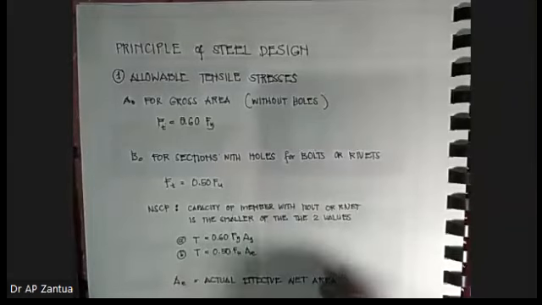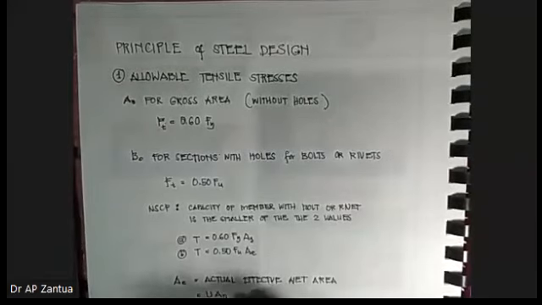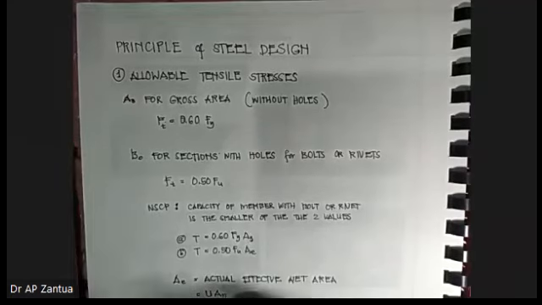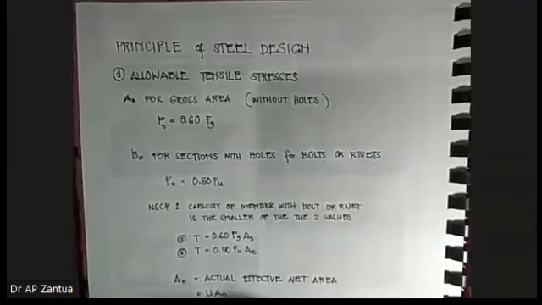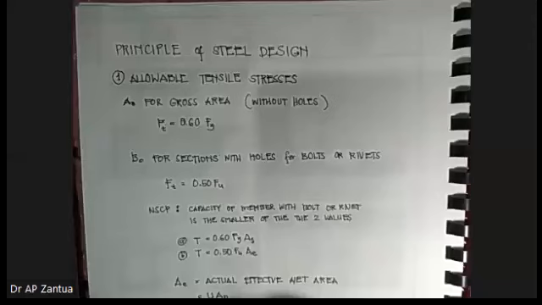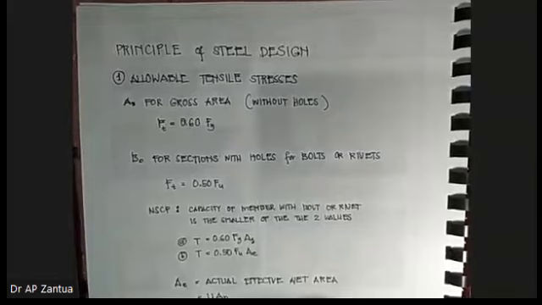So this is actually equal to U times AN, net area times U. What is U? U is our reduction factor, a reduction coefficient.